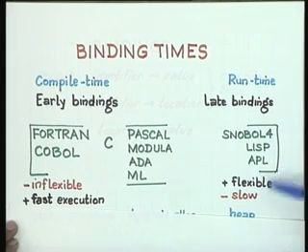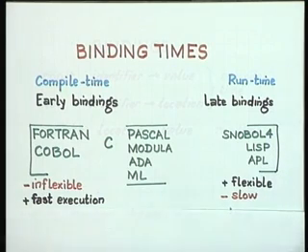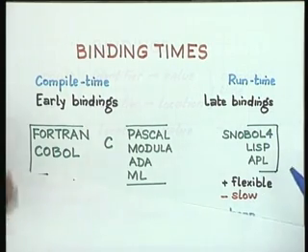If you look at Snowball and Lisp, since the bindings are all late and most of them are done at runtime, it means that you have to do fresh memory allocation, and you have to do all the bindings, like name-address bindings, at runtime, which means that you also require a garbage collector, which tells you exactly what part of the memory is being used and what part is not being used.